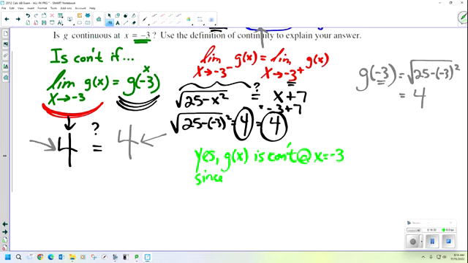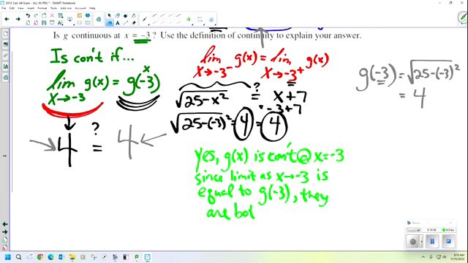Since the limit as x approaches -3 is equal to g of -3, they are both 4. I mean, that's it.